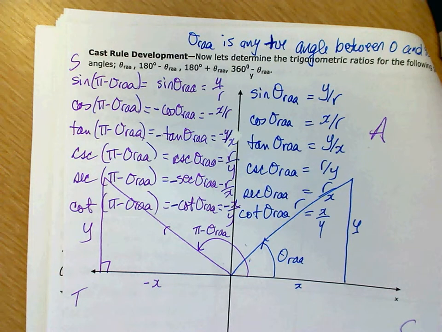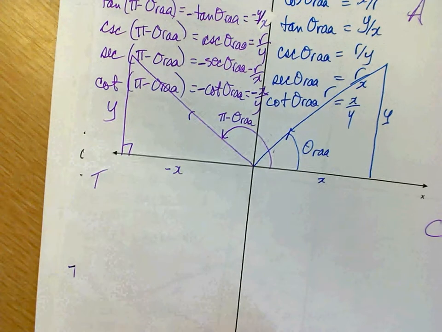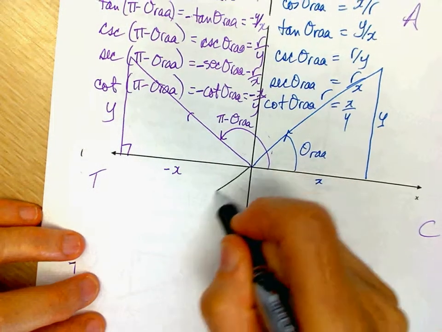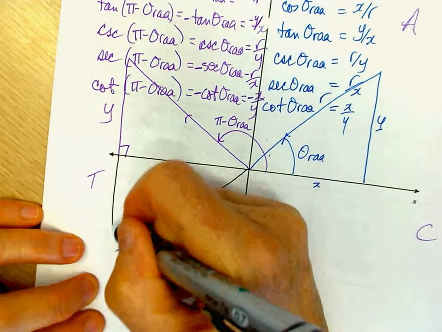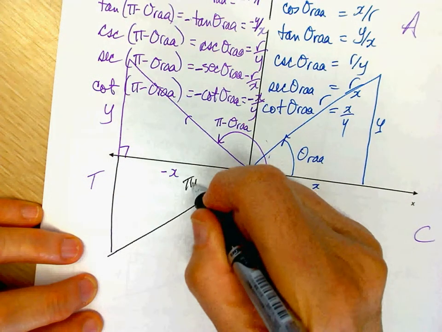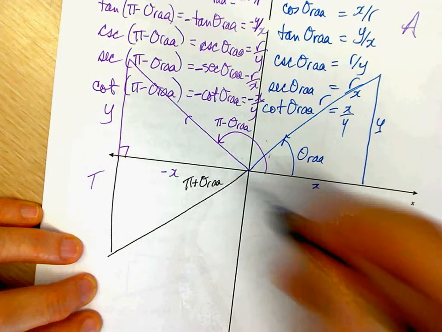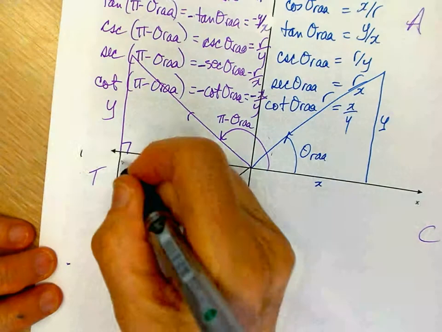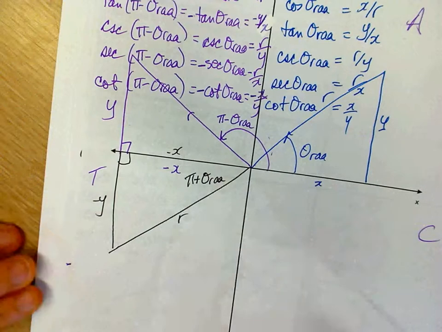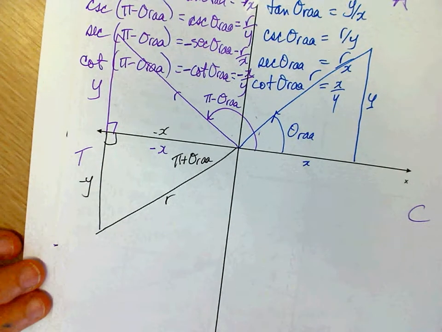Okay, let's now do, let's just make it complete. This will be pi plus theta RAA. So this will be negative y, negative x, r.